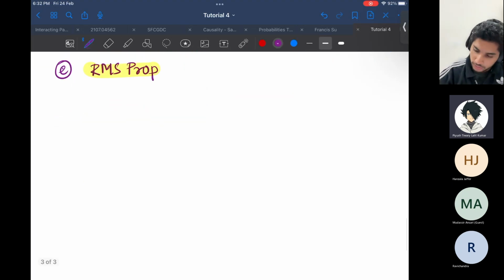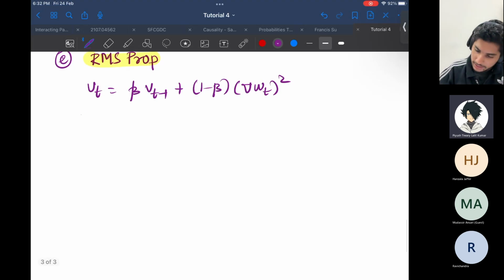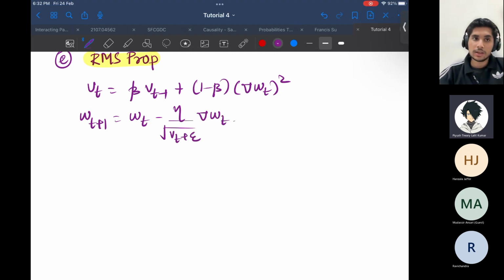To avoid this, you updated your vt and said that my vt will be a linear combination of these two terms: beta times vt minus 1 plus 1 minus beta times gradient with respect to wt whole square. And using this new vt, you updated your wt with eta upon square root of vt plus epsilon times gradient with respect to wt.